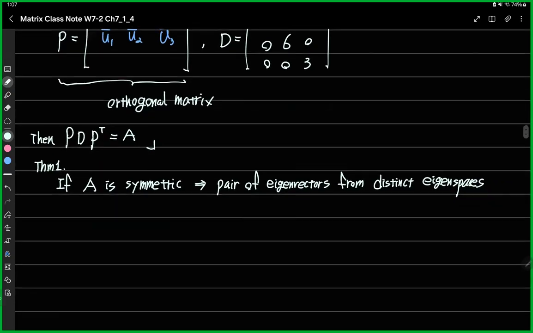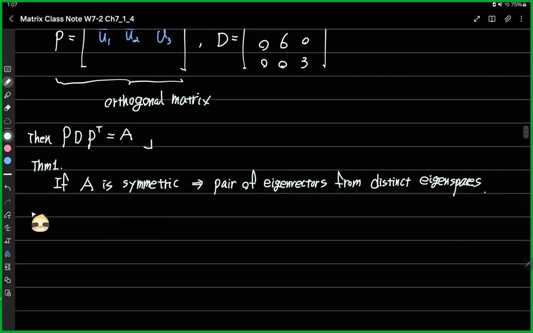That's theorem one. And theorem two: A, let's say n by n, is symmetric if and only if A is orthogonally diagonalizable.